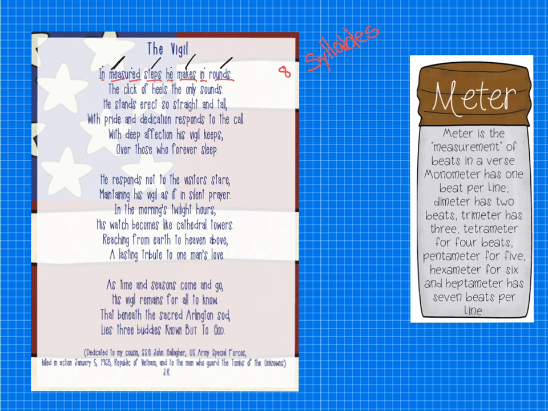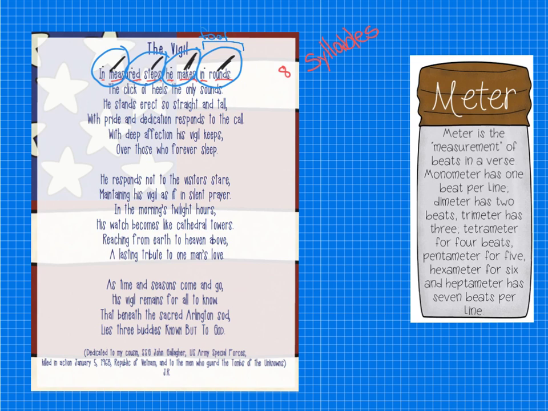So what I've done here is I've identified what we might call a stressed syllable, or it is said with a little more emphasis. Now if I take a look at these pairs, I have an unstressed and stressed syllable, an unstressed and stressed syllable, an unstressed and stressed syllable, and an unstressed and stressed syllable. So each one of these is kind of like saying, oh, here's a poetic foot.